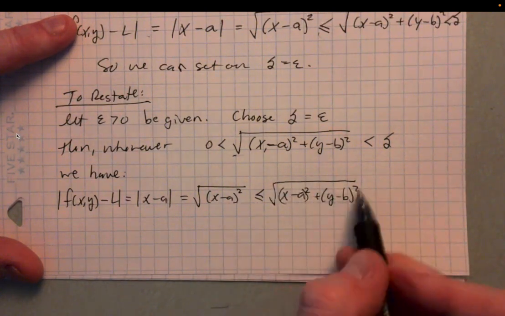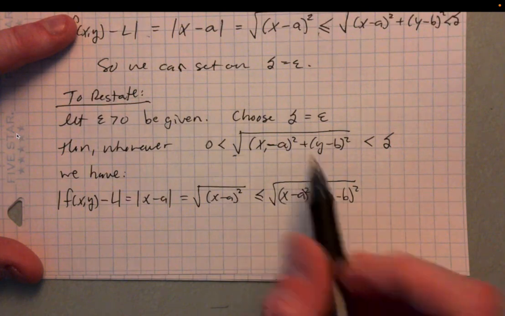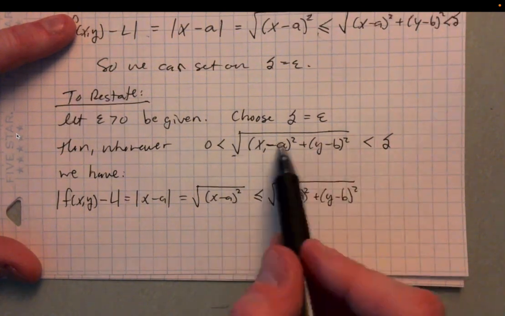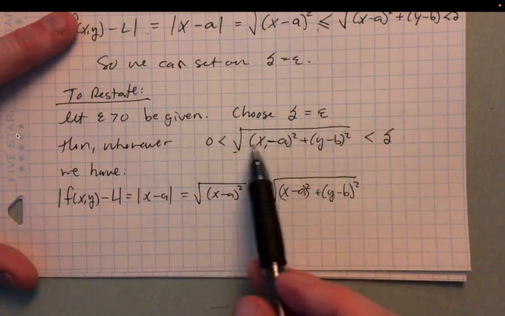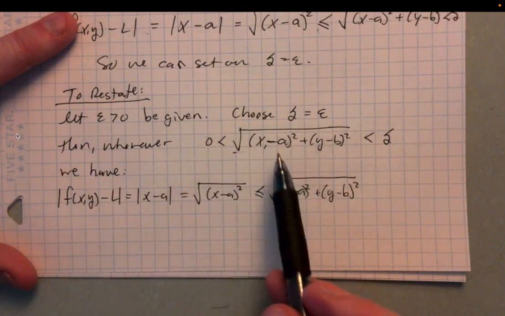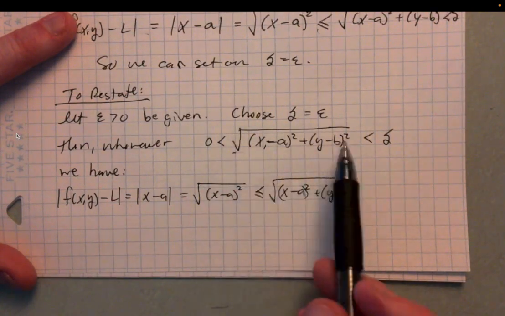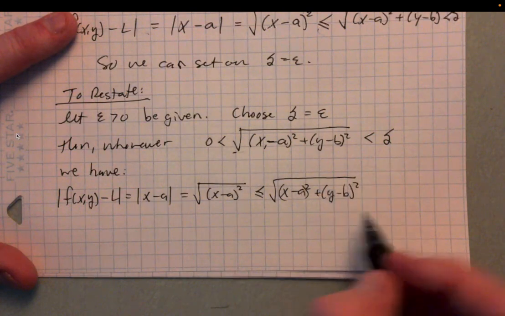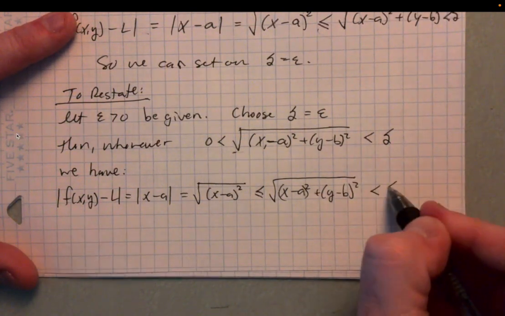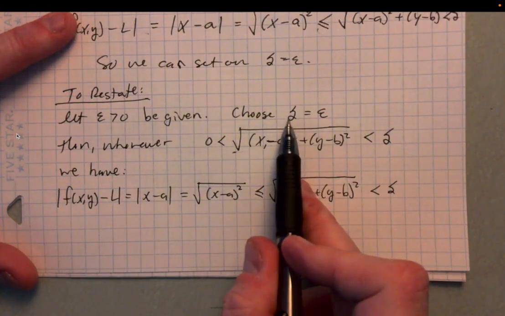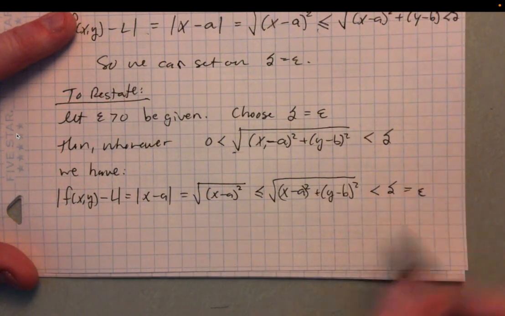Now this piece here is less than delta by assumption. So we have assumed whenever (x, y) is within delta of (a, b), then it's obviously going to be less than delta, and we've chosen our delta to be exactly equal to epsilon.